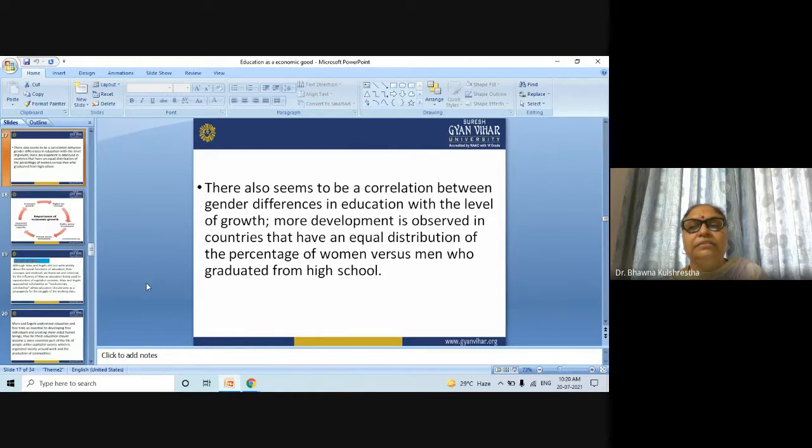And when looking at correlations in the data, education seems to generate economic growth. However, it could be that we have this causality relationship backwards.